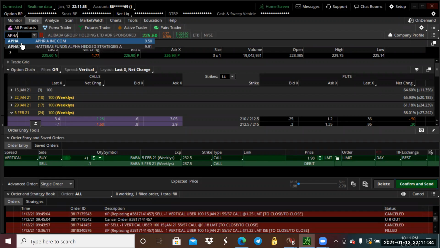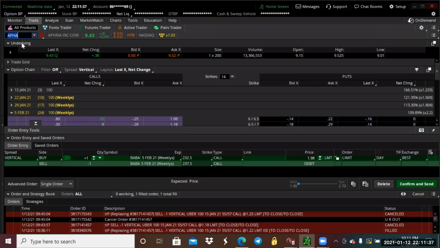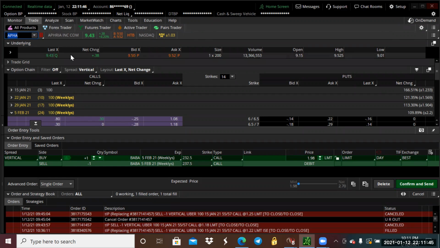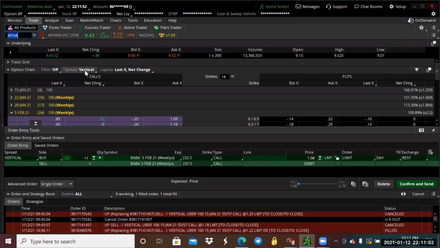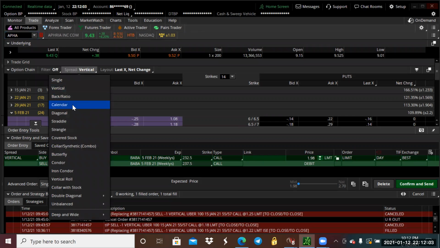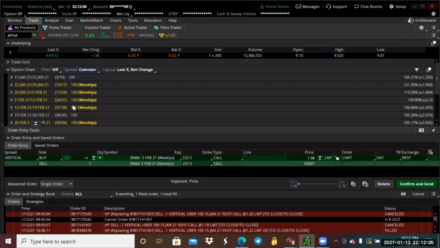This one is a cannabis stock that actually had earnings that I traded earlier. If you're doing a calendar, a calendar is really a time spread where you are selling the front month and buying the next month or the next week. That's how it's constructed. So if you just click here on calendar, that would show.